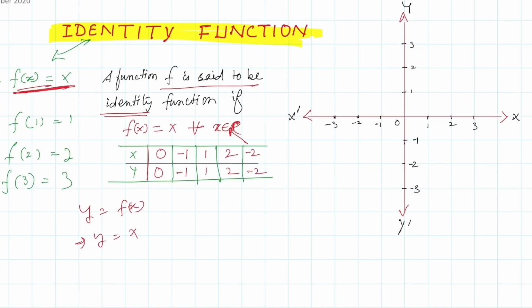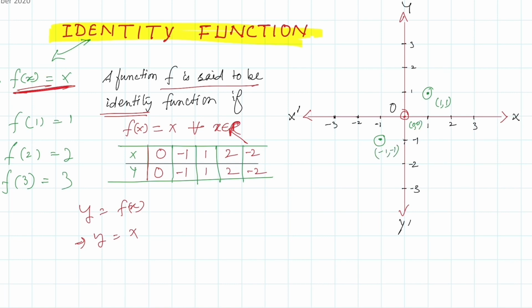So if you plot those points on this graph, then what will you get? (0, 0) is one point. Then here is (-1, -1). Let me write the origin on the other side. Here is the origin. Then (1, 1), this point is (1, 1), this is (0, 0), and this is (-1, -1).